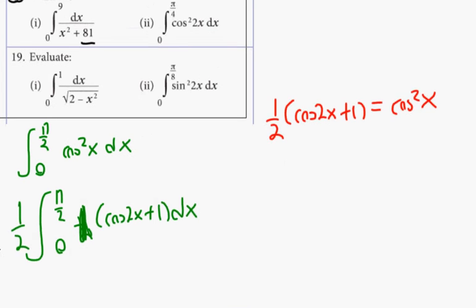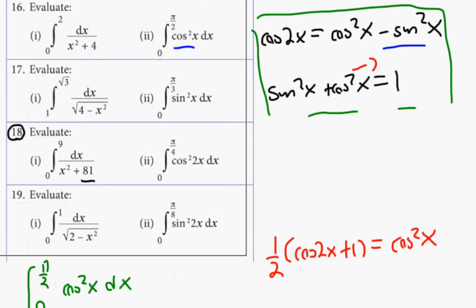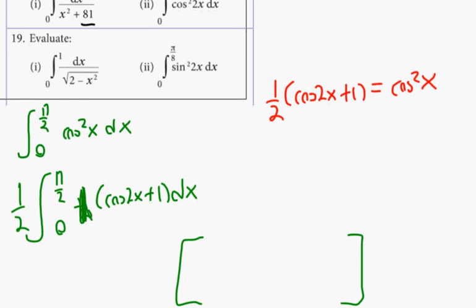Okay. Now, what's going to happen next is we're going to integrate that. Once you integrate cos 2x, what do you get? So I am currently doing 16 part 2. What you get when you integrate cos 2x is sine 2x over 2. Differentiate the angle, which is going to be 2 on the bottom.